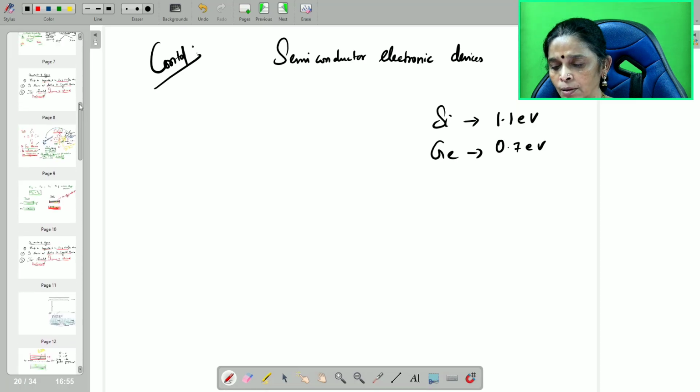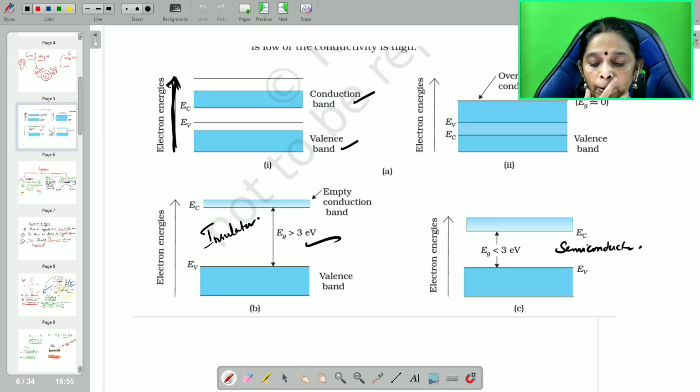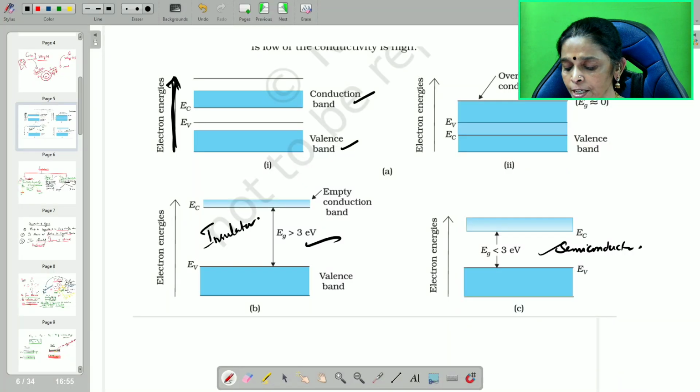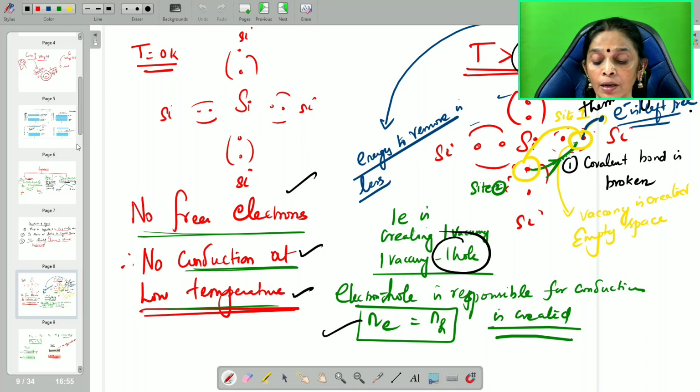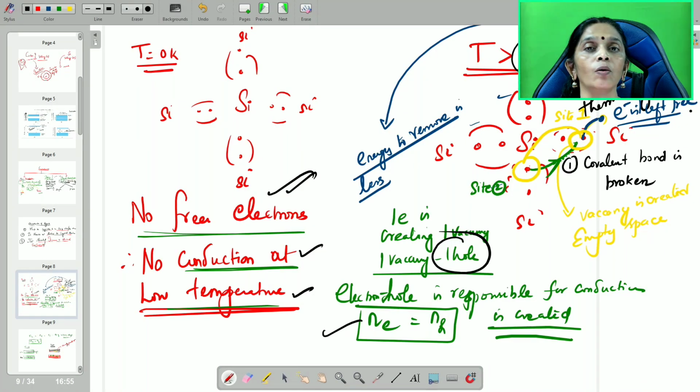Even though the energy gap is less than 3 electron volt, conduction is possible only at T greater than 0 Kelvin. At T equal to 0 Kelvin, what's happening? We have no free electrons, hence we have no conduction. We have seen that, right?